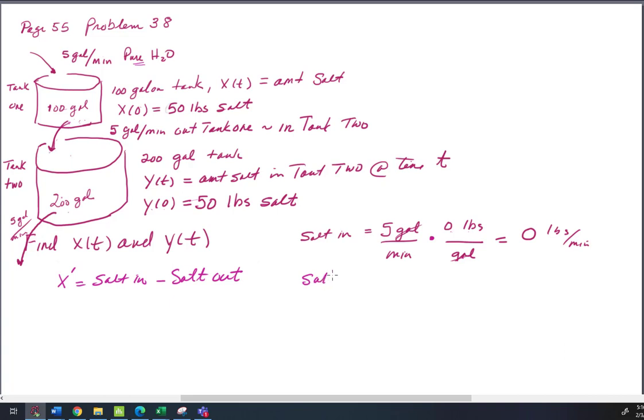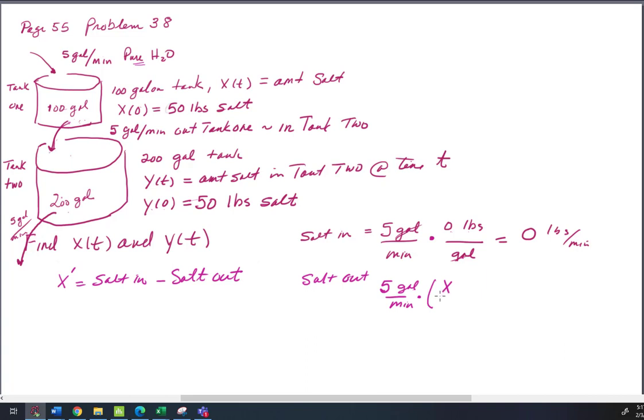And the salt out, well, liquid's coming out at 5 gallons per minute. And what's the concentration? Because it's the concentration that I have to multiply by. This was the concentration here. It was a 0, but it was still the concentration. Well, the concentration would be, by definition, how much salt was in the tank at that time.